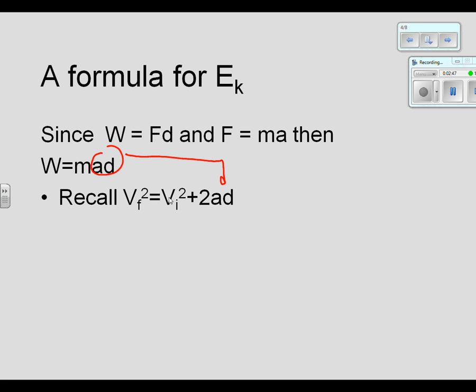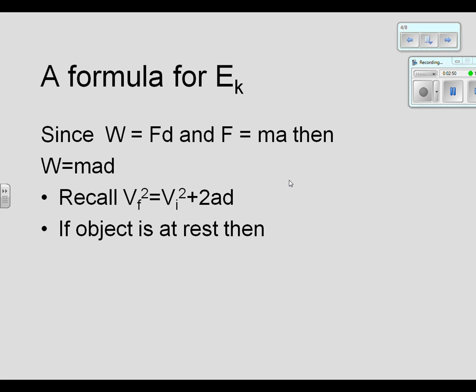The answer is yes. If the object is at rest, the object is almost always at rest, then the VI would be 0. And then if you solve this for AD, the VI disappears, right? And you get AD would be VF squared, or just V squared over 2.